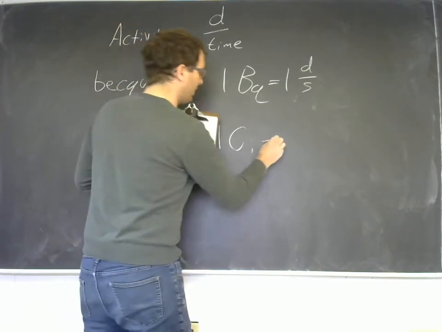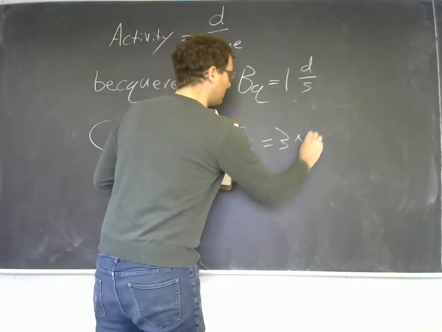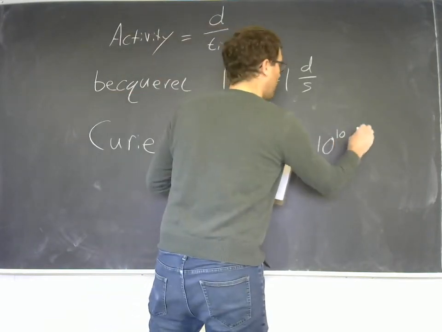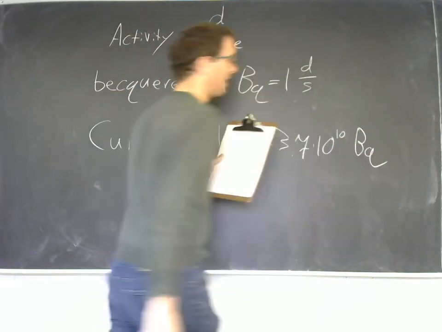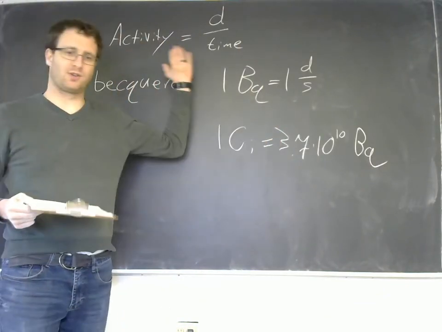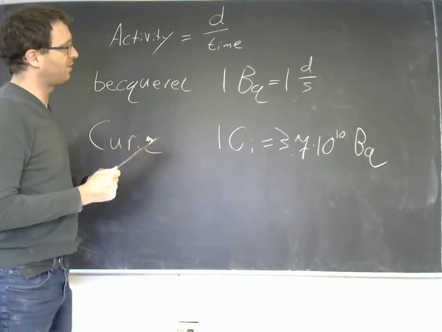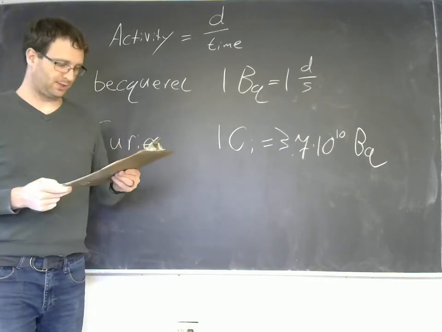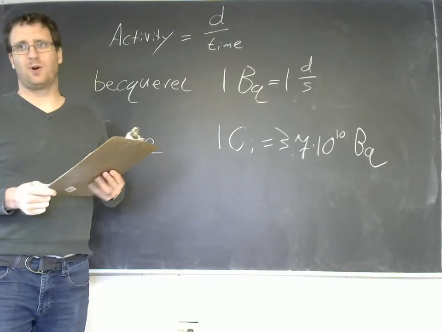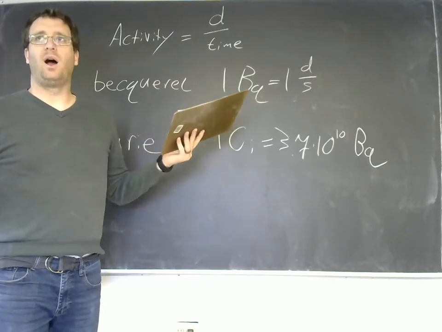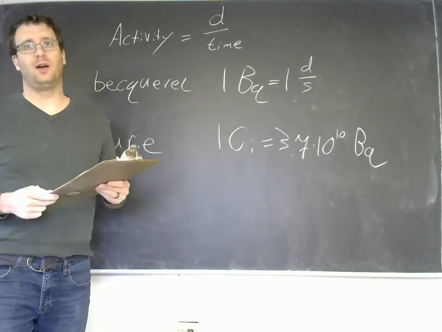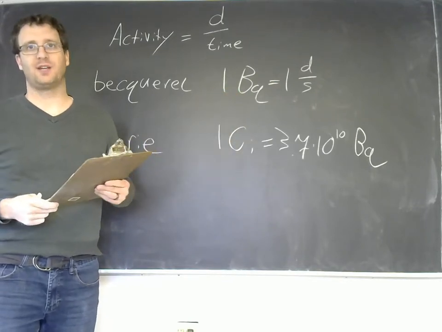The Curie is equal to 3.7 times 10 to the 10th becquerels. So the Curie is much larger than a becquerel. It's about 37 billion becquerels, and that's more like if you're, I don't know, visiting the Chernobyl nuclear reactor disaster site.